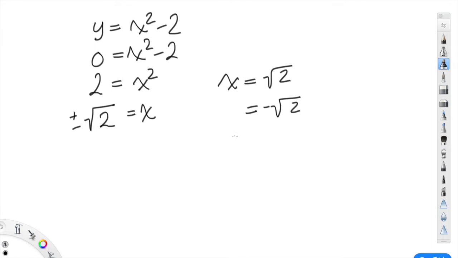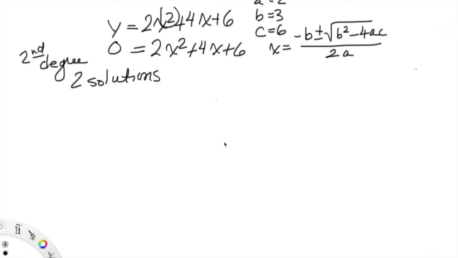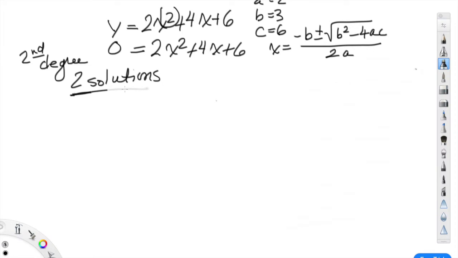This also happens with complex numbers. Here's a second degree function, y equals 2x squared plus 4x plus 6, so there'll be two solutions. We're going to solve this one by plugging everything into the quadratic formula.